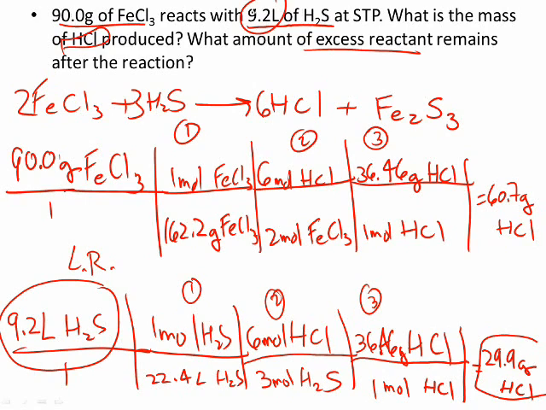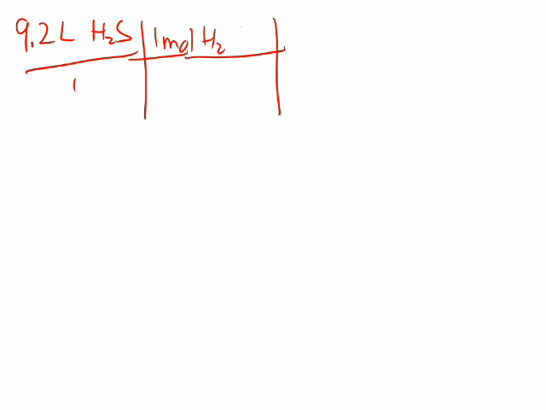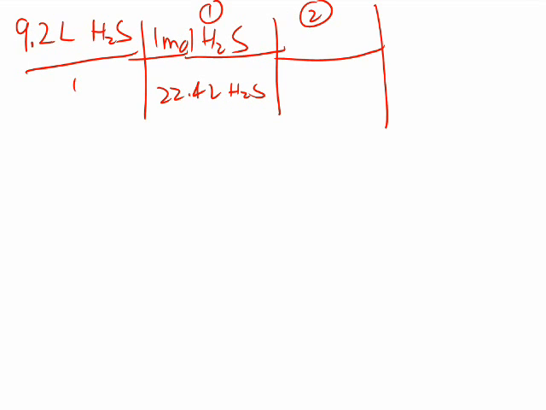Now let's figure out how much excess iron chloride there is. We start with 9.2 liters of H2S. We have to do all that we've been doing, the same thing. Figure out the moles, so 1 mole of H2S to 22.4 liters of H2S. Then we do the mole ratio from the equation. There were 3 moles of H2S per 2 moles of iron chloride.